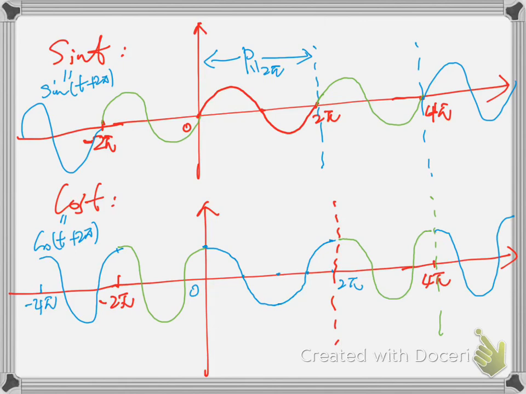So for sine and cosine, the most important thing is just the beginning: the curve between 0 and 2 pi. That's the curve, and then it just keeps repeating.